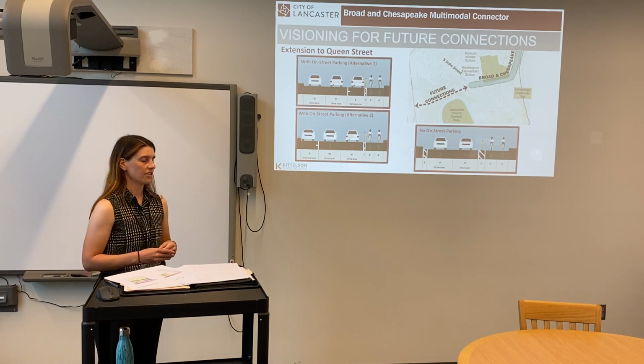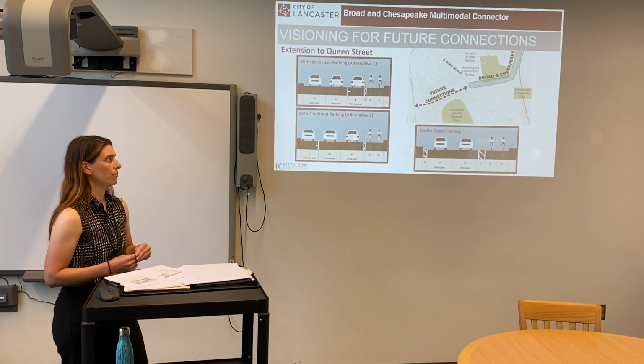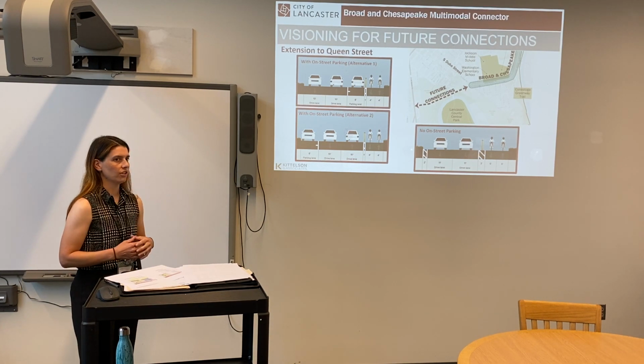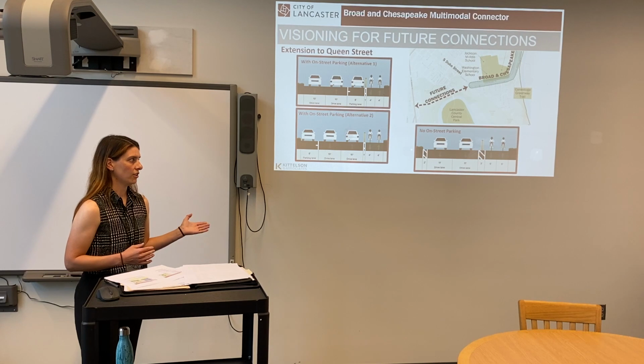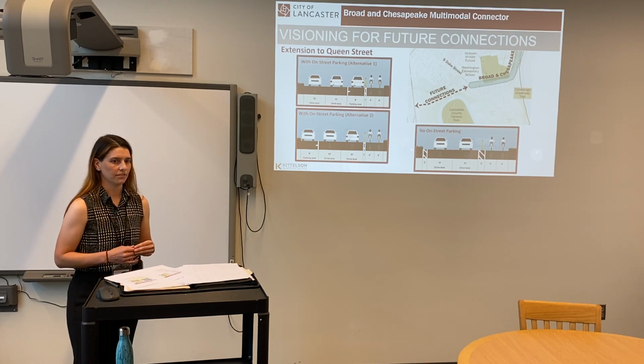And then in the other sections, this looks similar to some of our design sections where we have no parking. We have maintained the two-foot shoulder on the north side of the street. We have our two travel lanes and then a bicycle facility with a 3-foot buffer.